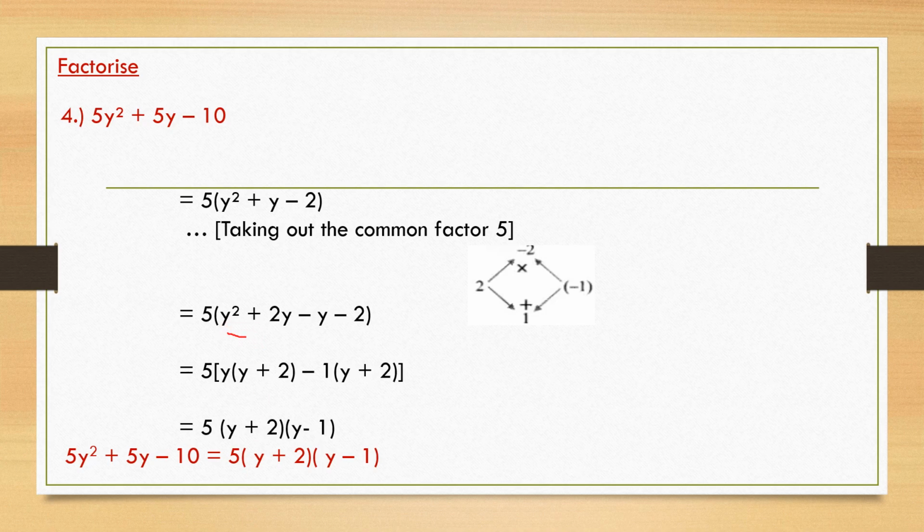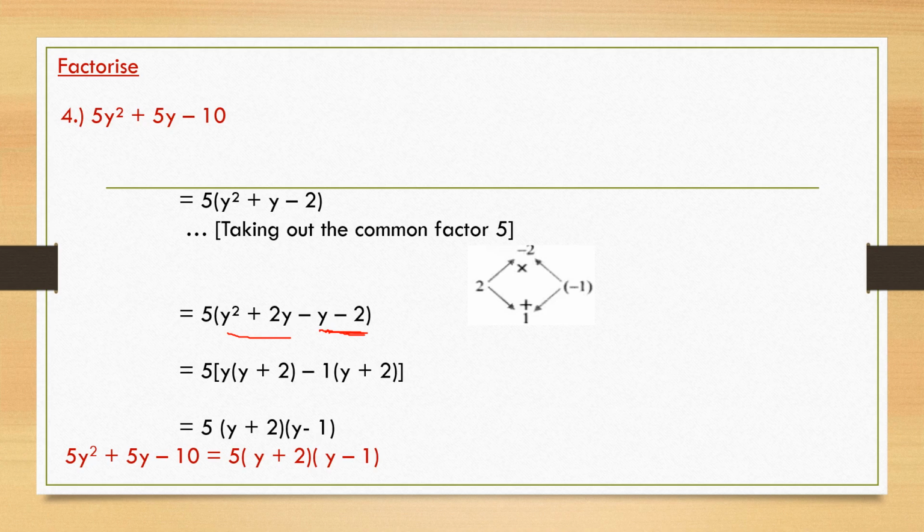If you pair the first two terms and you pair the last two terms, in the first pair, we'll take y common outside. Inside the bracket, you'll be left with y plus 2. In the second pair, you take minus 1 common outside. Since, as I told you before, there is no variable nor any number common in these two terms, we take minus 1 common outside. This minus sign as it is minus.